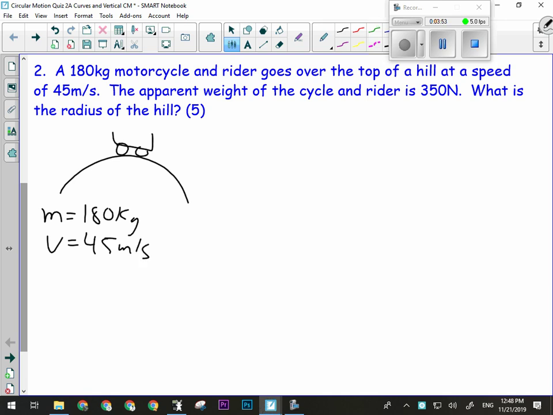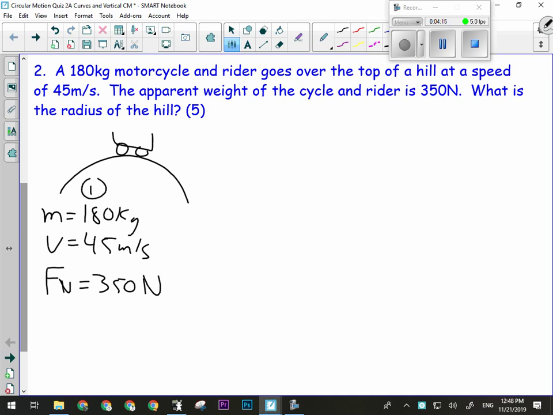We also know the apparent weight. Which force is that? The normal force. That's why I went over that and had you write it down yesterday. This is often called Fn equals apparent weight. So Fn is 350 newtons. Those are my givens.